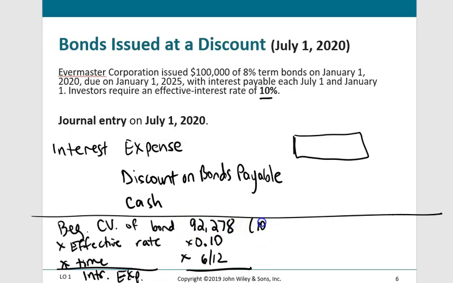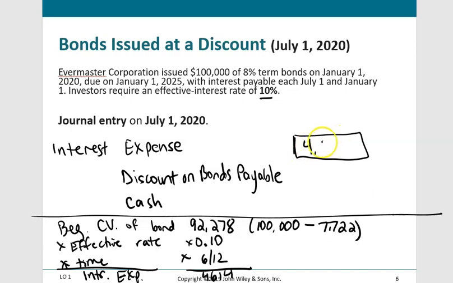And this represents the balance in the bonds payable account less the discount at issuance, 7,722. That gives us 92,278 times 10% times 6 out of 12. This gives us interest expense of 4,614.